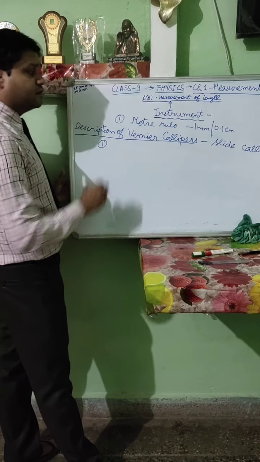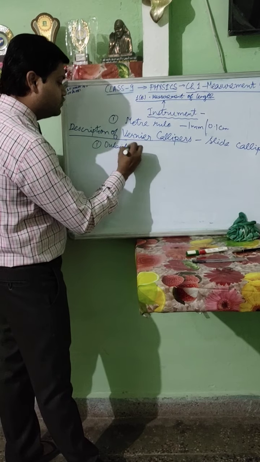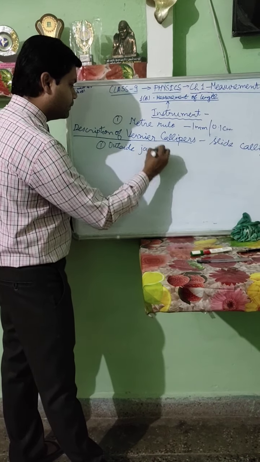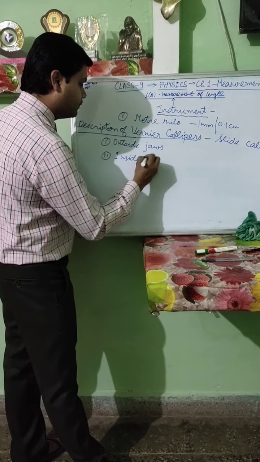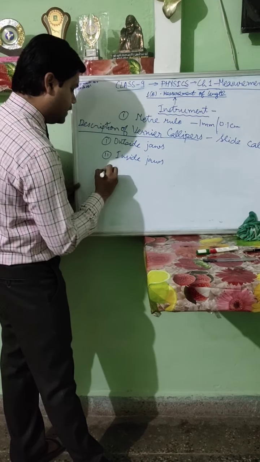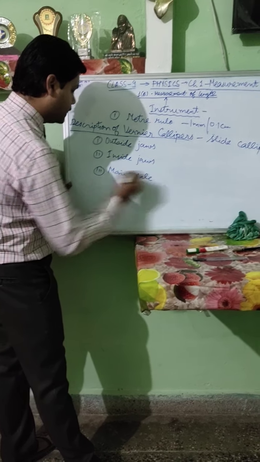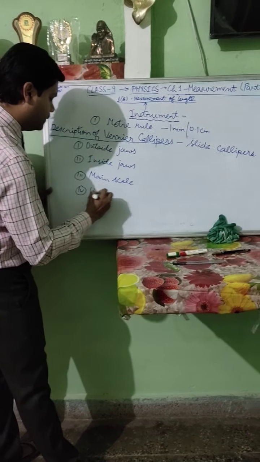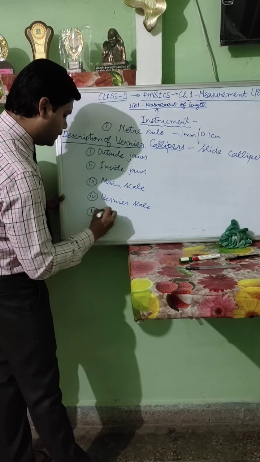The main parts of vernier calipers are outside jaws, inside jaws, main scale, vernier scale, and strip.